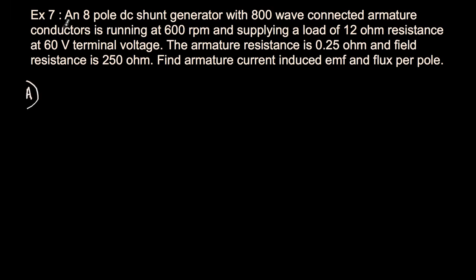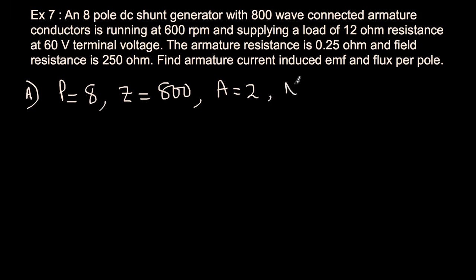Example 7, an 8-pole DC shunt generator. Poles are 8, and it is a DC shunt generator with 800 wave connected armature conductors. So Z is 800, and since it is wave connected, parallel paths are 2. Running at 600 RPM, so speed is 600 RPM. Supplying a load of 12 ohm resistance at 60 volt terminal voltage.